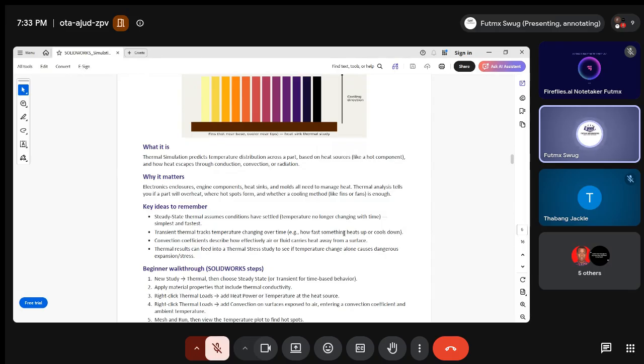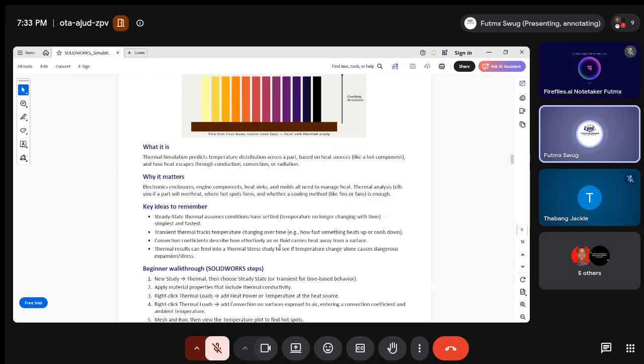Your temperature is constant. But this is not ideal. In real cases, temperature is not constant. It varies in different parts of the material. That's where your transient thermal analysis comes in, where you check for changing temperatures.